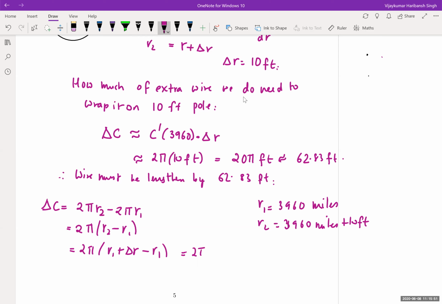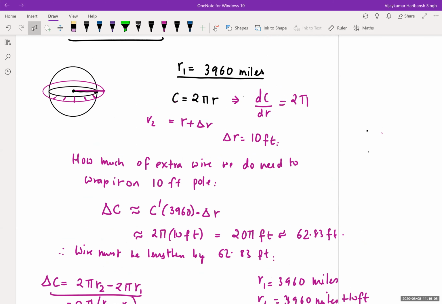So this is going to be 2 pi delta R, which is 2 pi times 10, which is 62.83 feet. So you could have done this directly, but this is a linear function, so the differentials are easy.